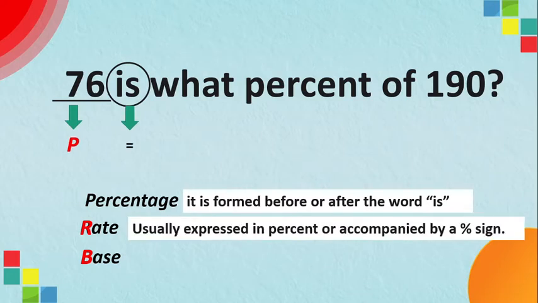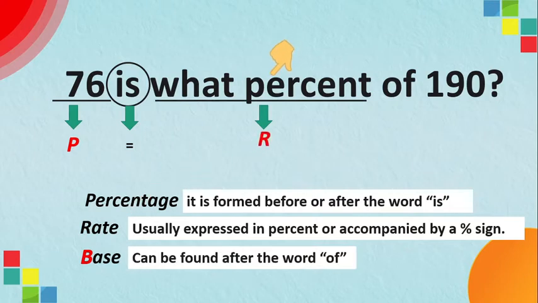And rate is usually expressed in percent, or accompanied by a percent sign. Therefore, "what percent" will be identified as rate. And base can be found after the word "of". So 190 is written after the word "of", and "of" can be expressed as a multiplication sign, and 190 will be identified as the base.